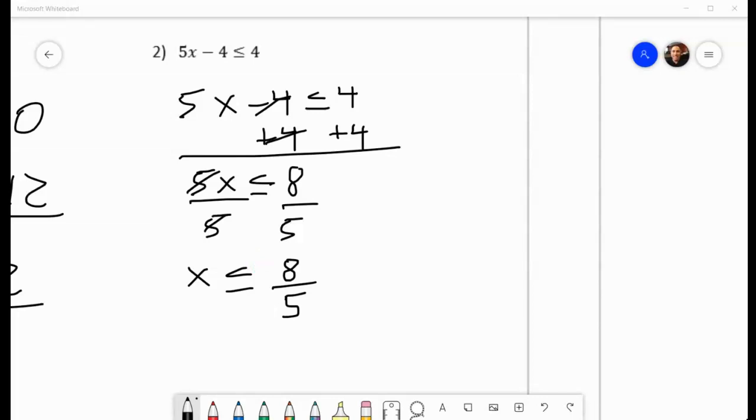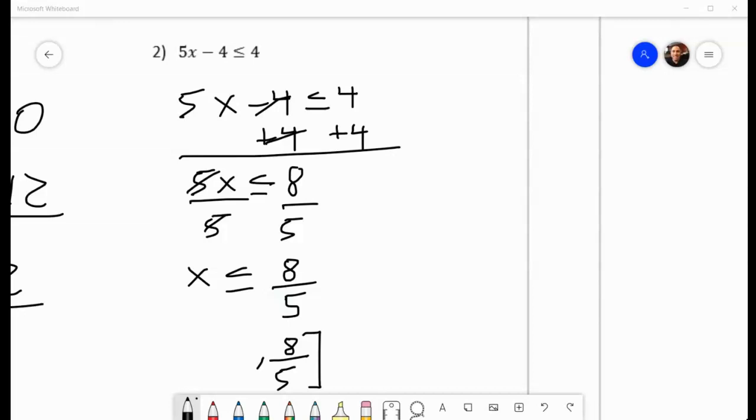Okay, now, since we have that, we can actually write the solution set. Notice we have inequality, but we don't have strict inequality. So what do we have here? Well, we're going to have 8 over 5. We have a closed bracket next to it because of the inequality symbol.